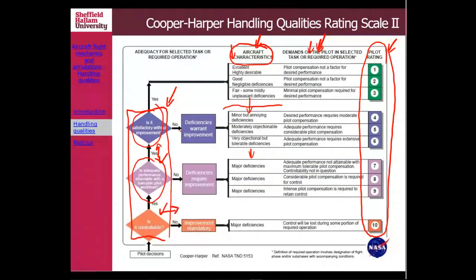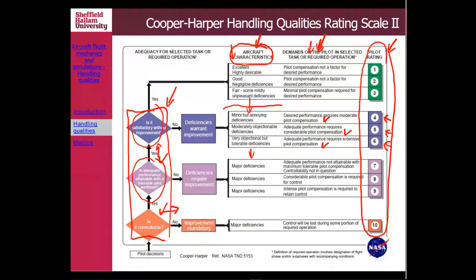Now you ask, is it satisfactory without improvement? If there's too much pilot improvement to do, it means quite busy: moderate pilot compensation, considerable pilot compensation, or extensive pilot compensation, then it comes to whether you put it as a rating scale 4, 5, or 6, for example.